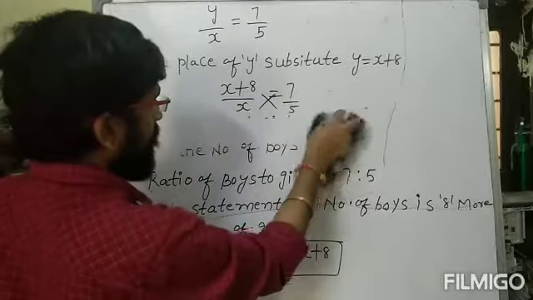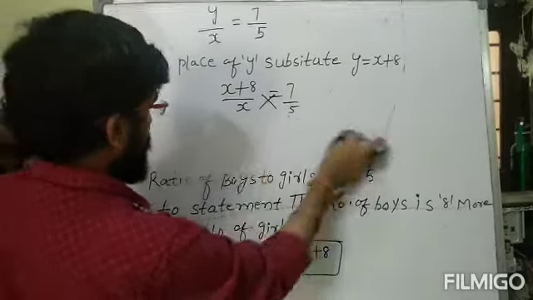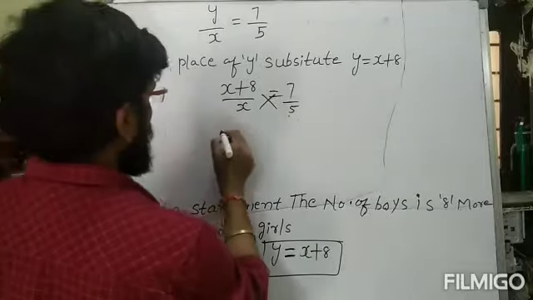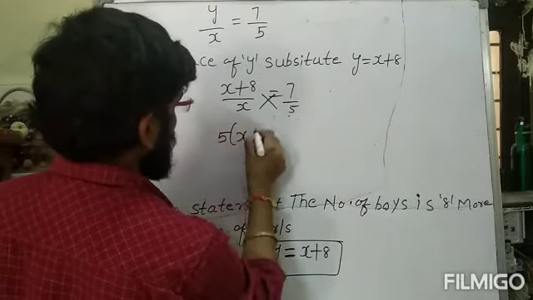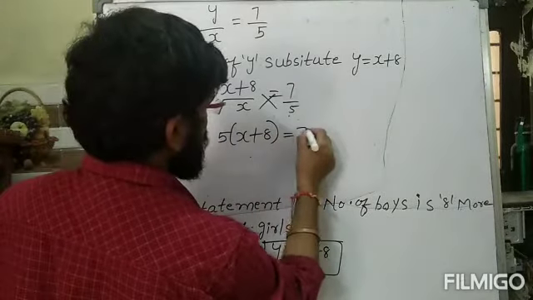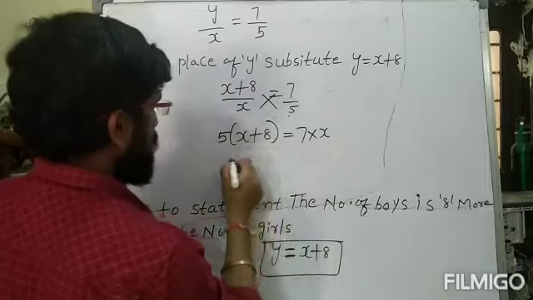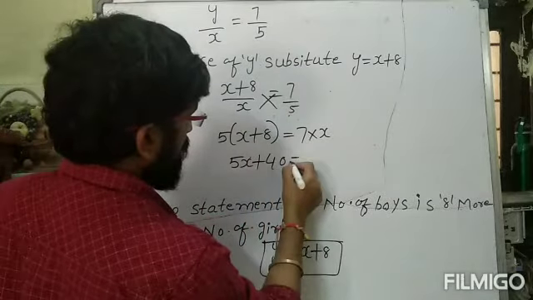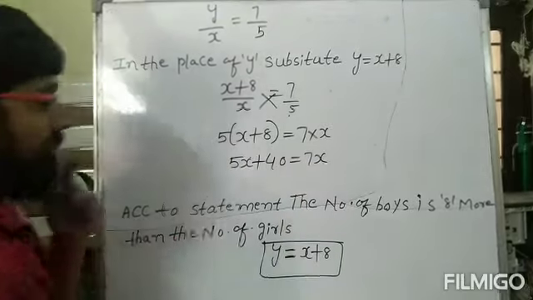Then cross multiplication. 5 into x plus 8 is equal to 7 into x, that is 5x plus 40 is equal to 7x.